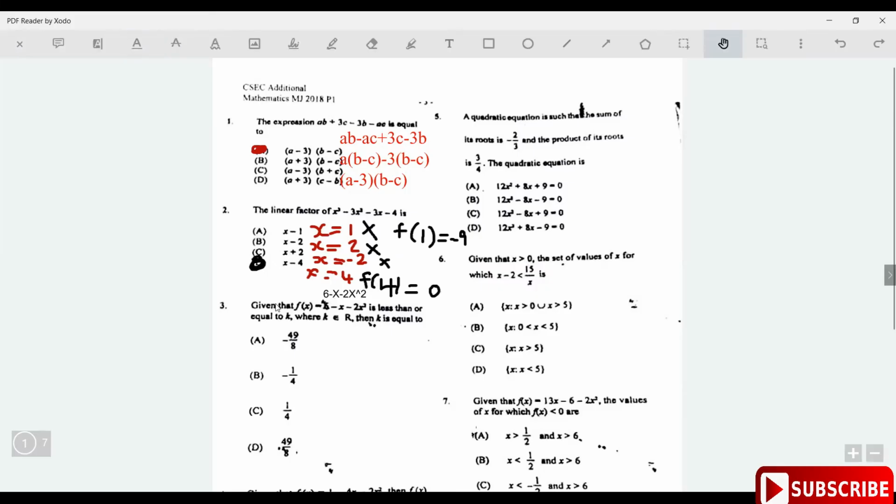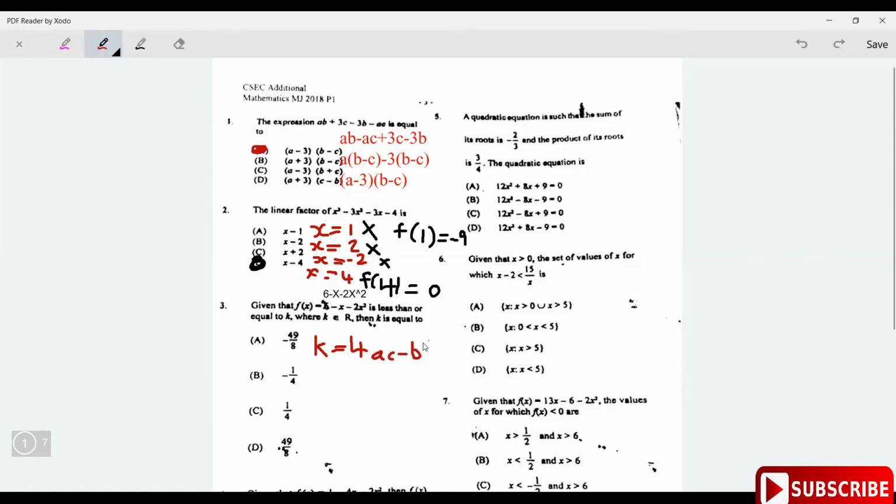All right, it says consider f of x is 6 minus x minus 2x squared, and they said f of x is less than or equal to k, where k is a real number. What is k? Well, k is equal to 4ac minus b squared over 4a.